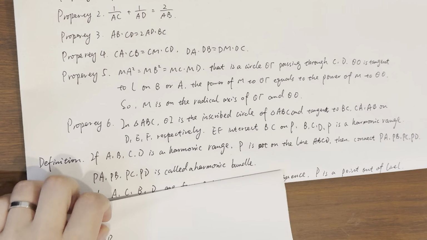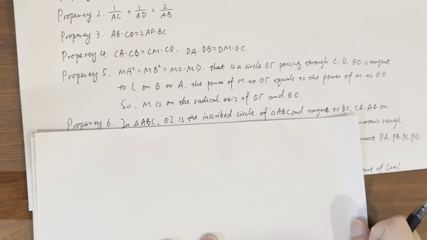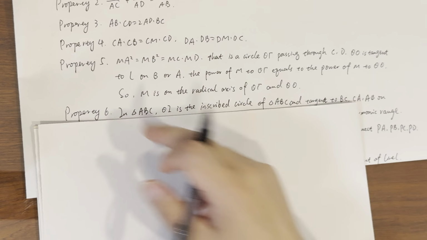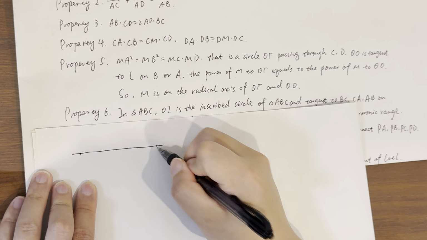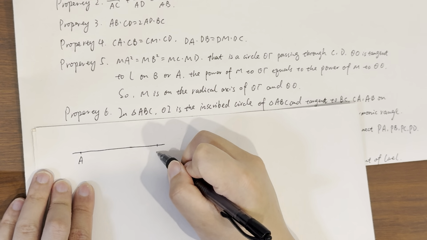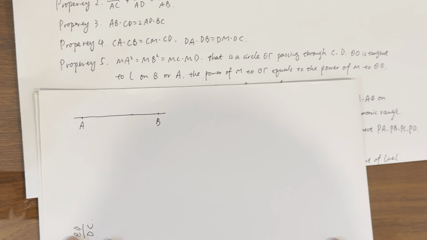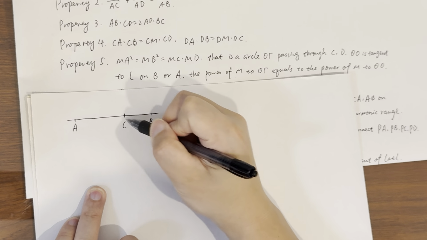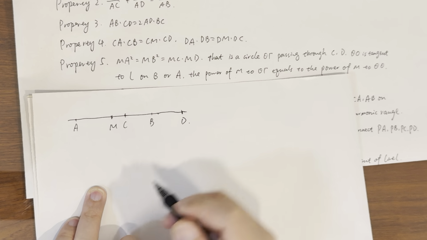Let's consider property 5. Right. For property 5, A, B, C, M, D, right?